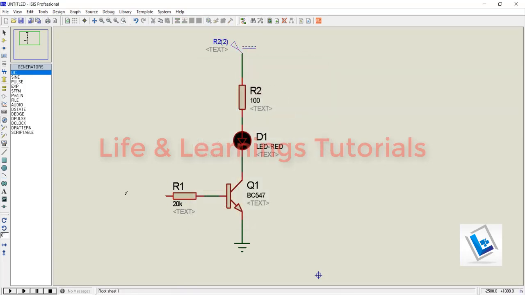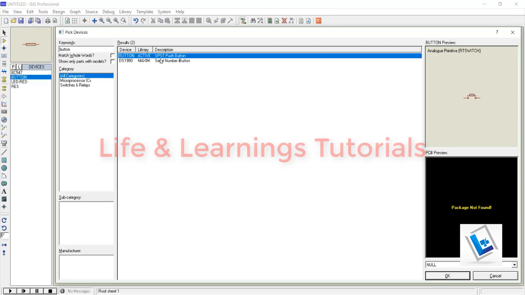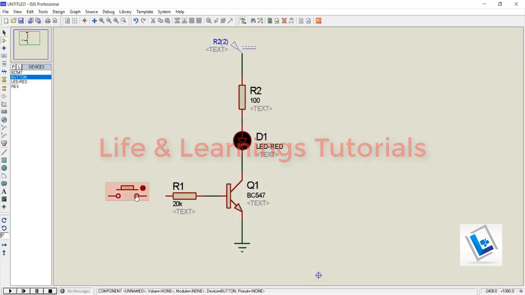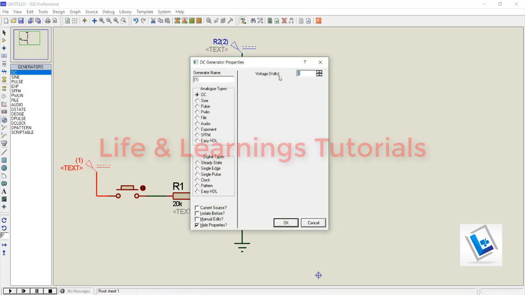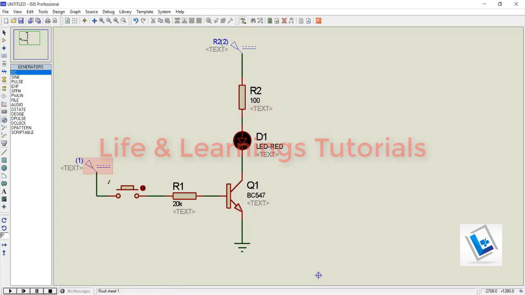Now we need an arrangement here to provide a high pulse to the base of this transistor. For this purpose, I can connect a button to the base, and as we need a 5 volt supply, we add another supply here.